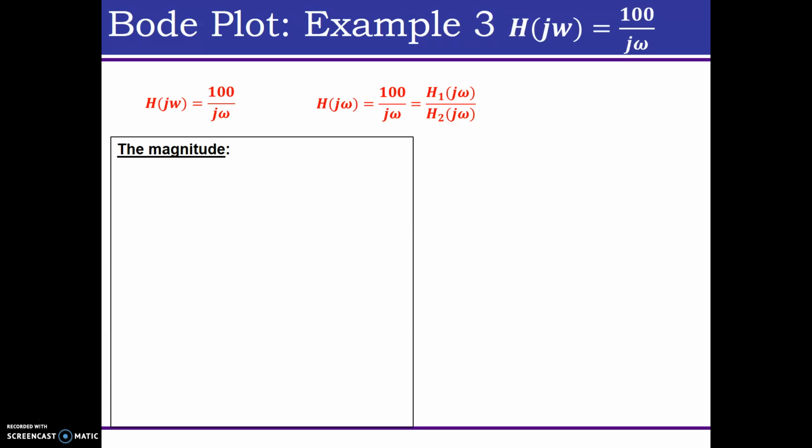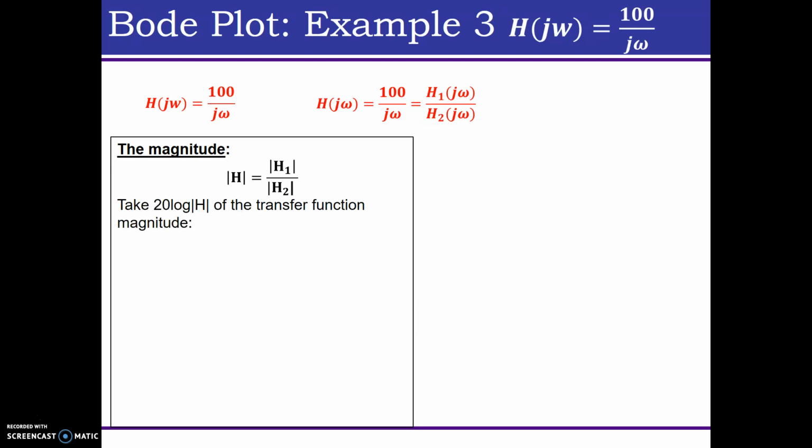Let's consider the magnitude. The magnitude is given for this transfer function. Now, I've rewritten this as h equals h1 over h2, where h1 is 100 and h2 equals j omega. So the magnitude of h equals magnitude of h1 divided by magnitude of h2. Now let's take the 20 log of h.